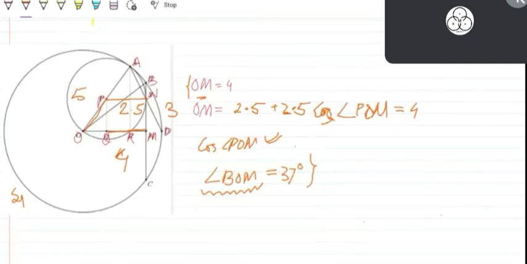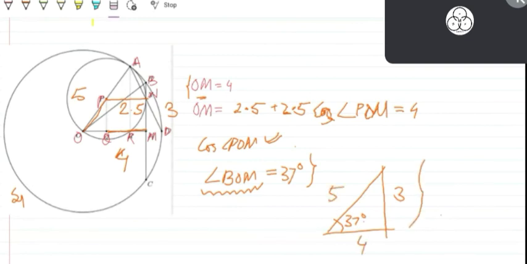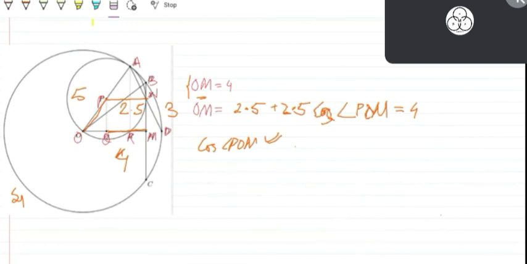In physics problems, this is a very common angle, 37 degrees, with sides 3, 4, 5. So we have angle BOM and we can find out the value of cos BOM. 1.5 over 2.5, 3 over 5.